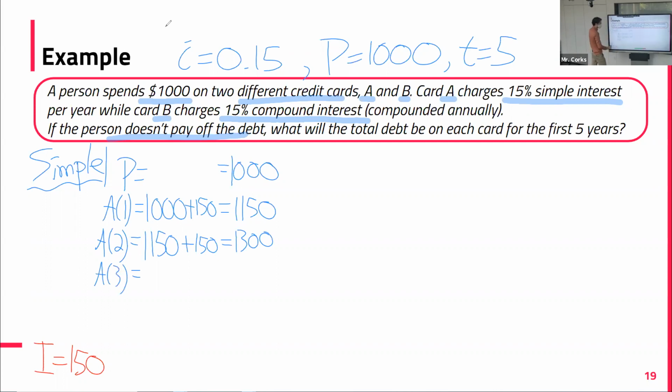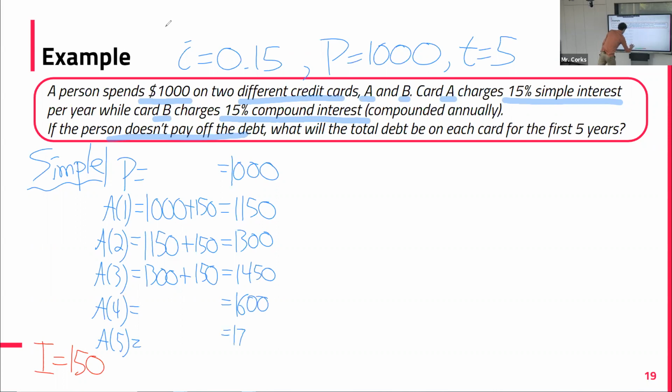After 3 years, we have the amount after 2 years, 1,300 plus 150. All right, we can see the pattern happening here. After 4 years, after 5 years, I'll just skip some of the writing. 1,600, 1,750.